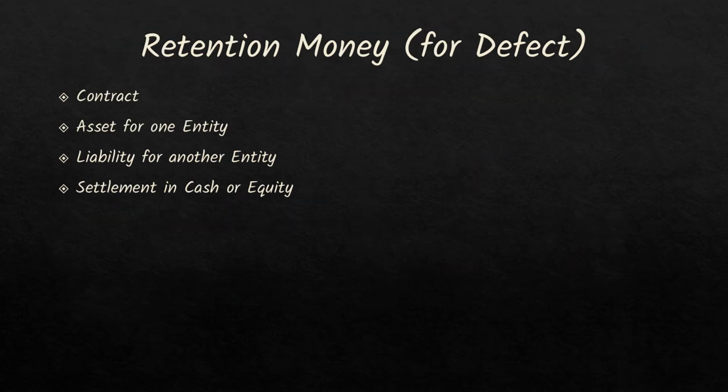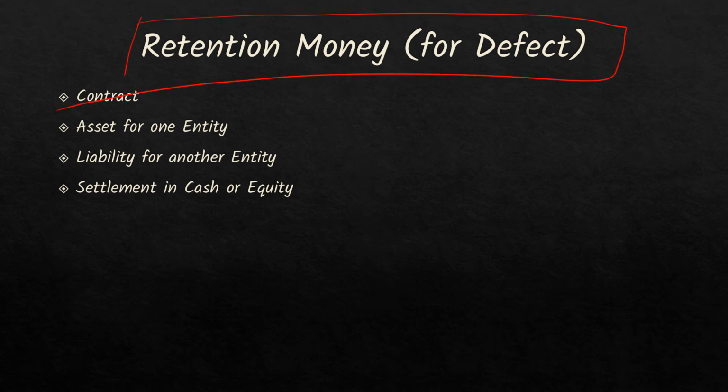Retention money. For little example. So these all examples can be asked in exam or any kind of technical interview. So retention money. What is retention money? You have entered into a contract with a contractor, like build my house or build some furniture.